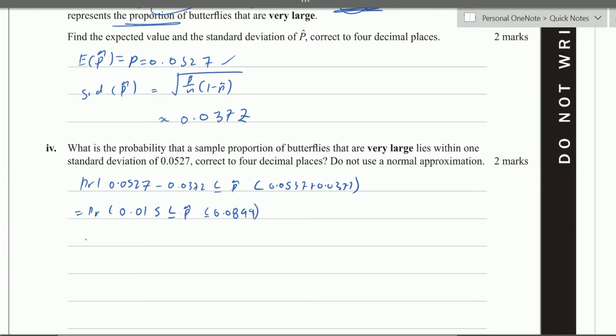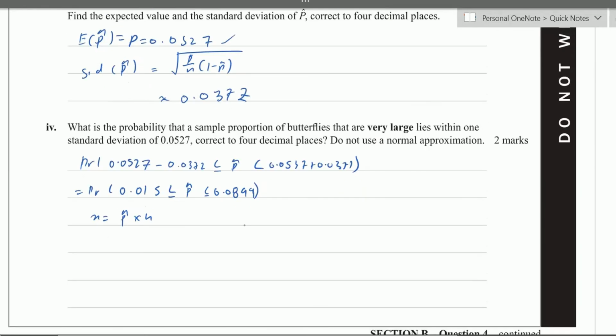So now we have our probability that we need to find, but we can't because it's in terms of P. So we have to convert it to X, and to convert it to X, we know we have to multiply by N. So you can multiply these two values by 36, and you should get approximately 0.55 and 3.37.